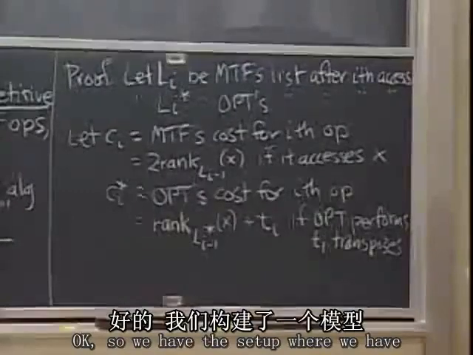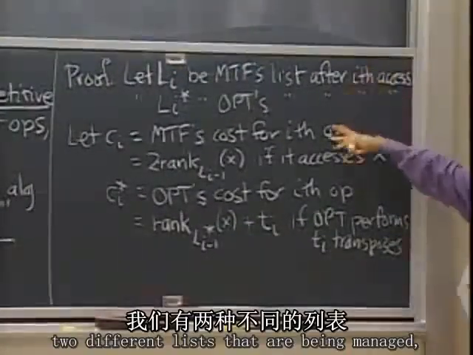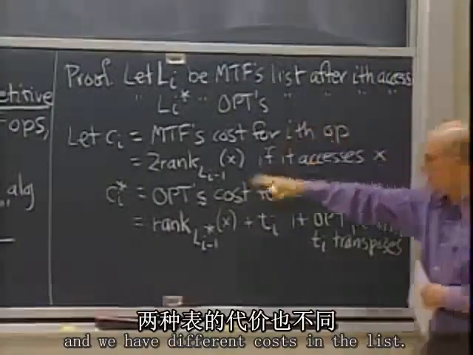Okay? So we have the setup where we have 2 different lists that are being managed, and we have different costs in the lists.